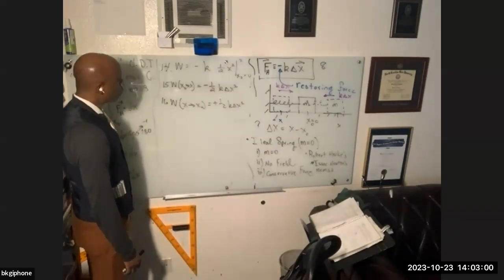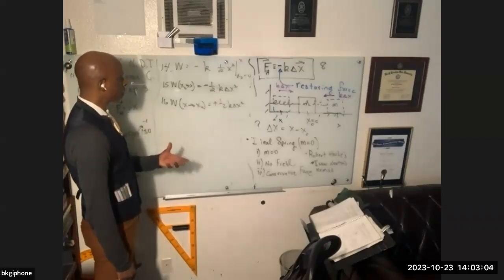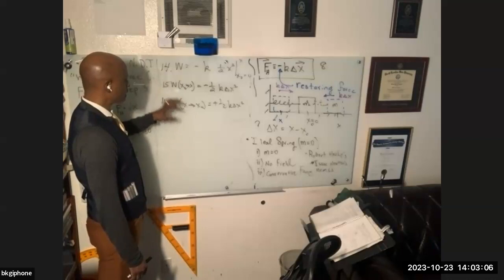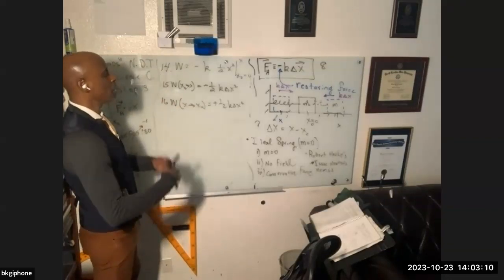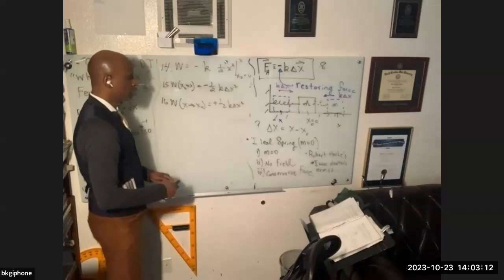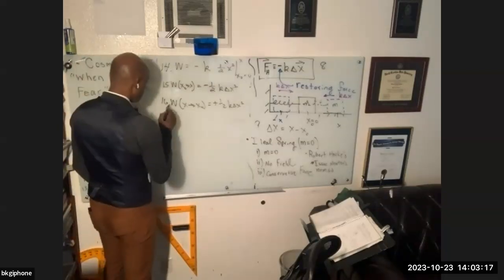But so when we realize that this is a function, this 1/2 kx squared, when we define it and define the relationship that it has with work, we have to put in a negative sign in the definition because every third cycle you're going to get a negative sign for the work.